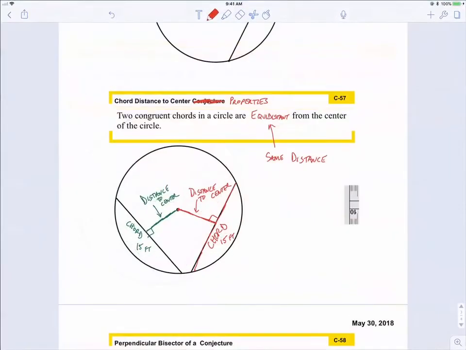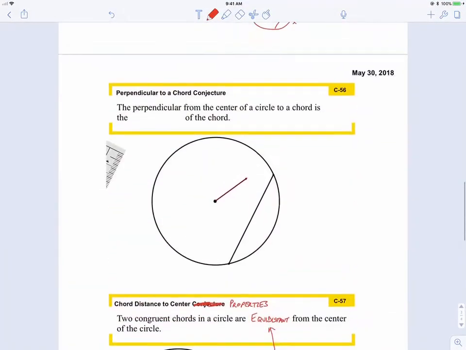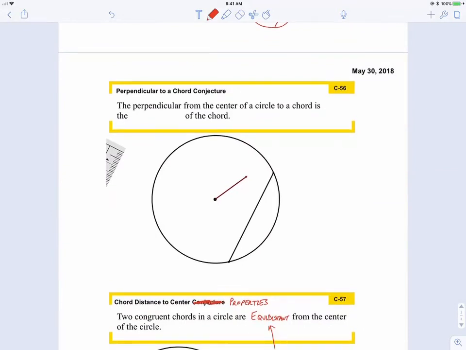Okay? And then the last thing kind of combines both of these. So the perpendicular from the center of both of these properties. The perpendicular from the center of a circle to a chord is the bisector of the chord.